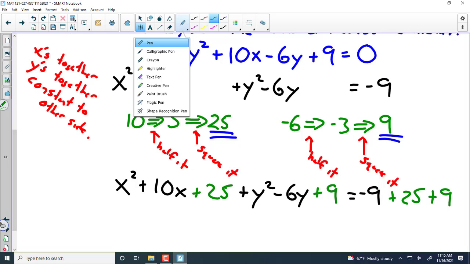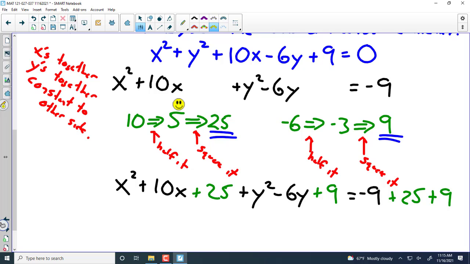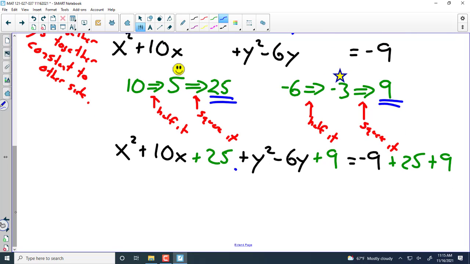Now, look at that number there, and look at that number there. Those tell you how to factor your x's and how to factor your y's. How does this whole thing factor right here, according to completing the square? What should that factor to? X plus 5 squared.